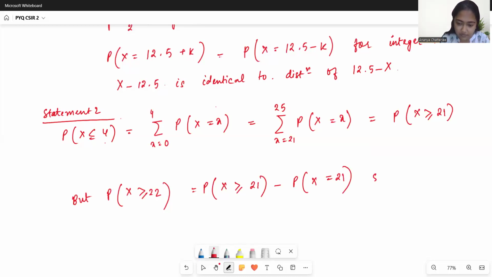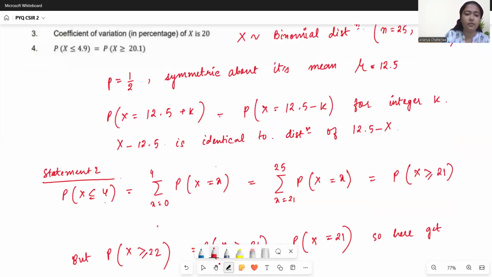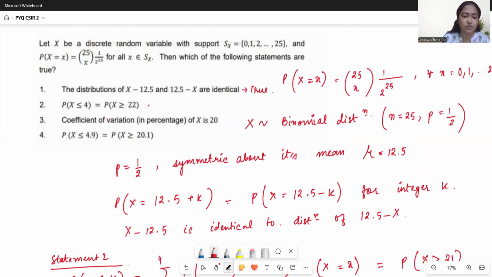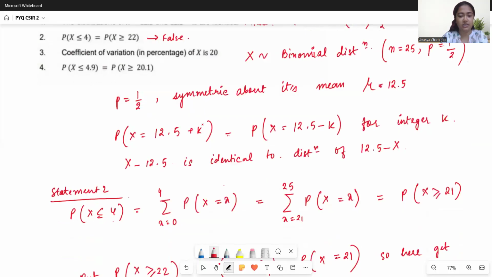So from here we get that these two are not equal. So statement 2 is false.